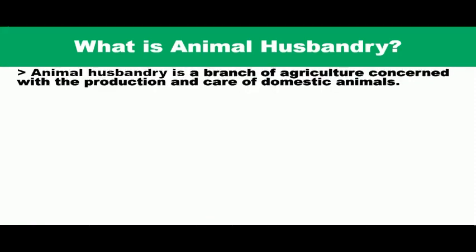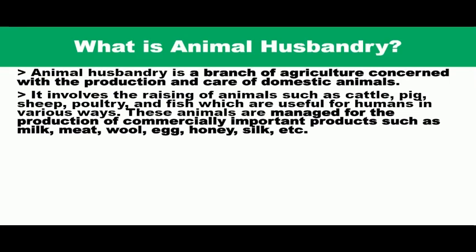What is animal husbandry? Animal husbandry is a branch of agriculture concerned with the production and care of domestic animals.